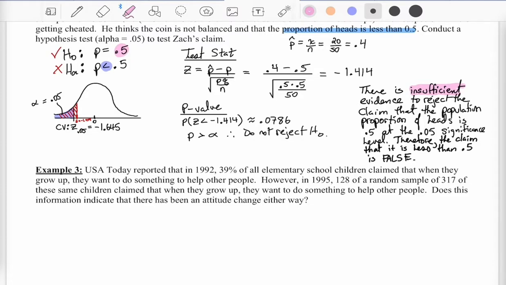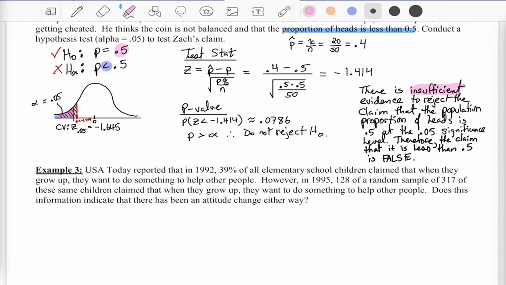So same question, just percentages may be a little bit different, we'll see. Does this information indicate that there has been an attitude change either way? So what we're looking to make a determination on is the true population proportion of individuals who want to help people when they grow up.